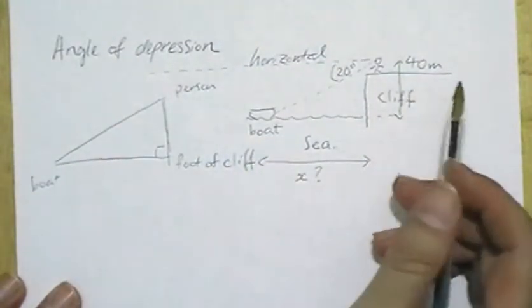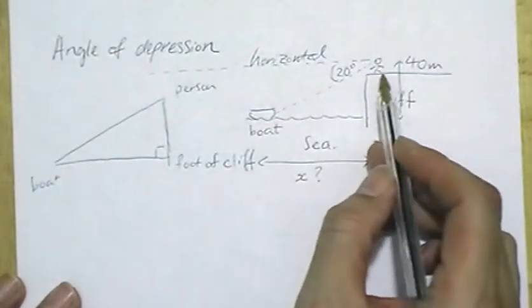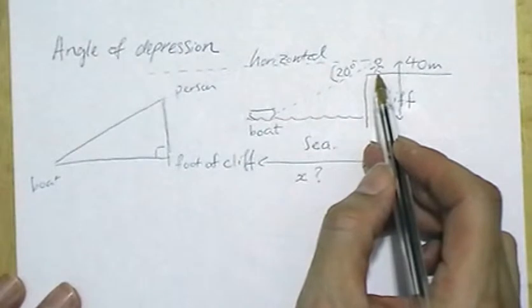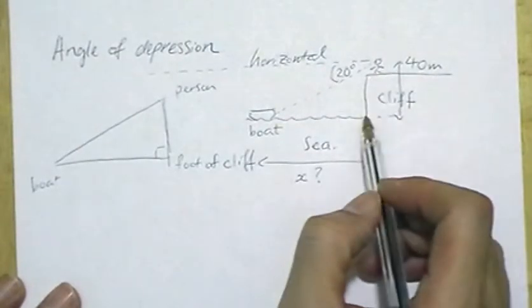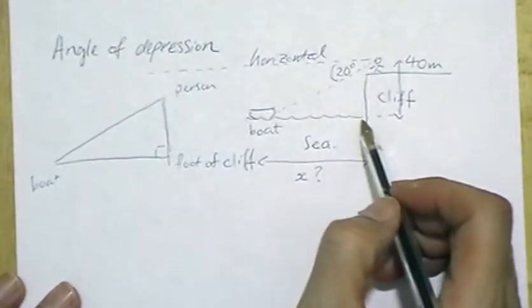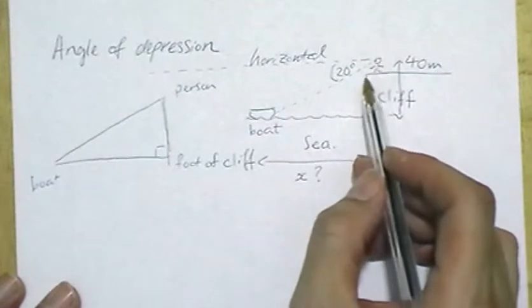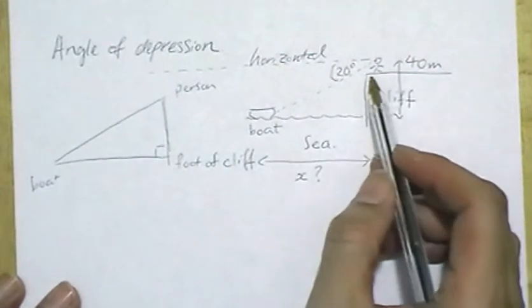Alright, but there is some horizontal distance from the person to the foot of the cliff. Alright, they're not along the same vertical line. Otherwise, the person will have to be standing at the edge of the cliff, and that would be really dangerous.